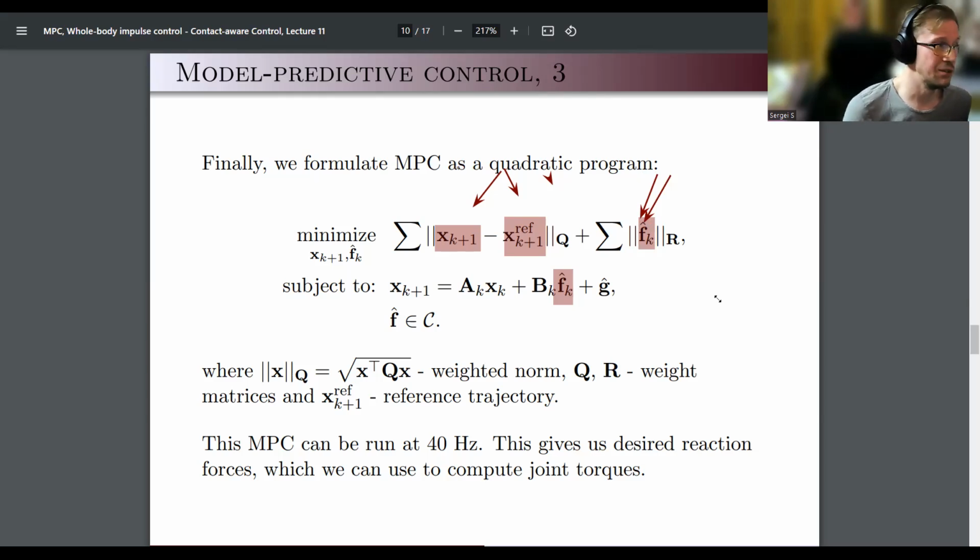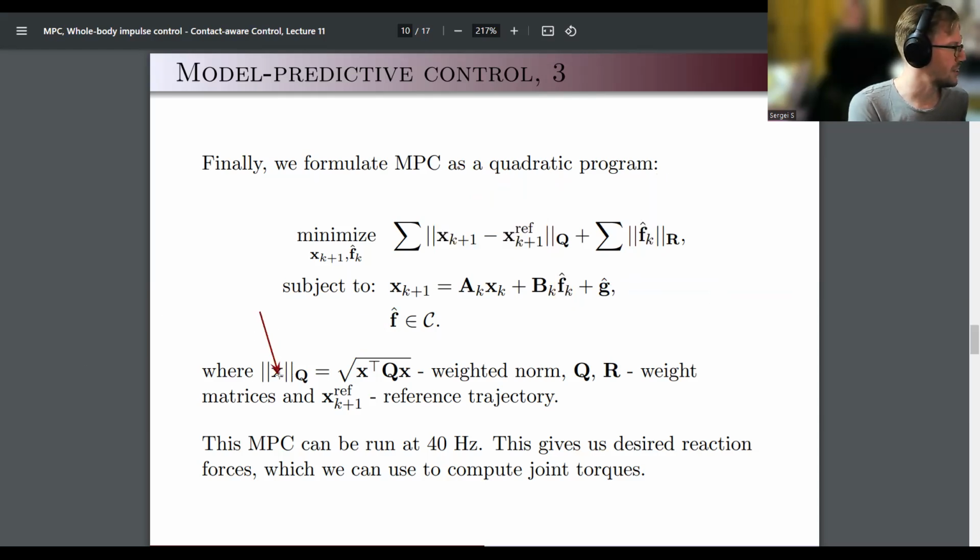So it's not going to be zero. So if you could provide a reference here, for example, maybe the sum of reaction forces is always equal to what gravity does, maybe it would be nice. I'm not sure. But this is what is provided in the original paper. So we just reproduce it here. Subject to discrete dynamics, and subject to friction cone.